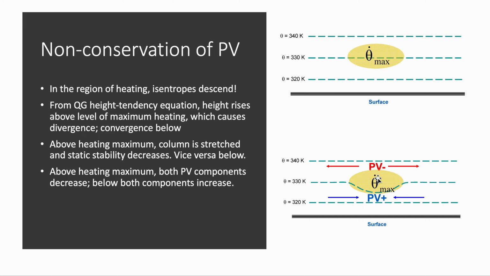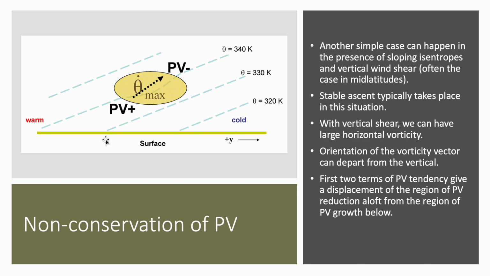Now, this is a simple case, where the isentropes are parallel to each other. But typically, stable ascent is seen in the presence of sloping isentropes. Sometimes isentropes are sloping like this.